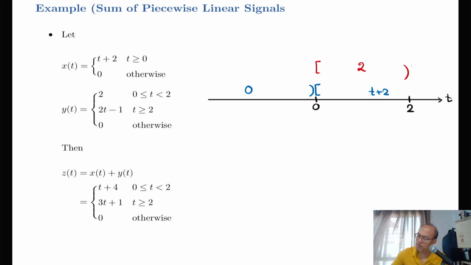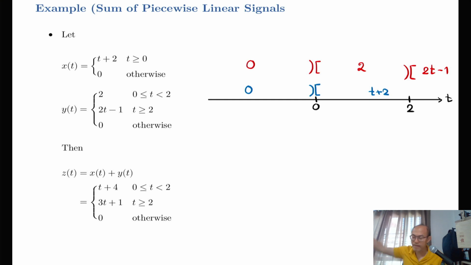If you have greater than or equal to 2, I mark it with a closed bracket, y is 2t minus 1, and otherwise y is 0.